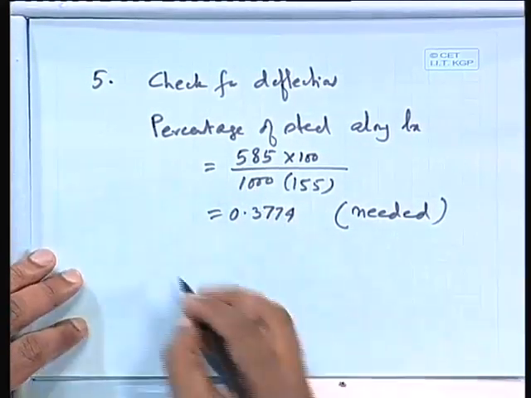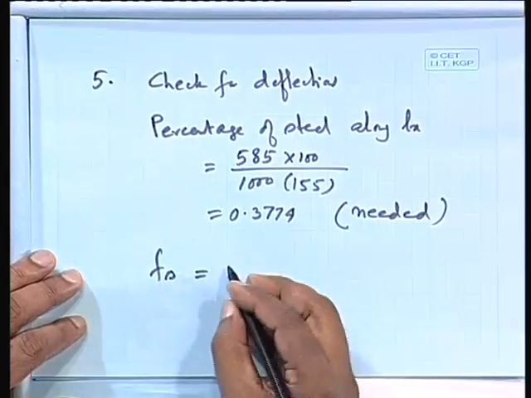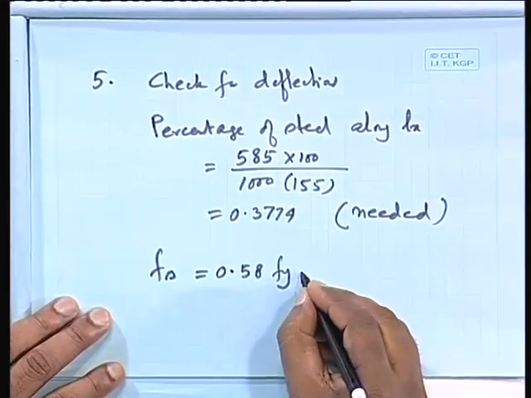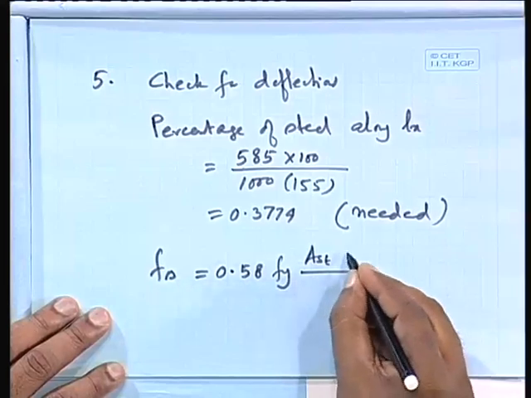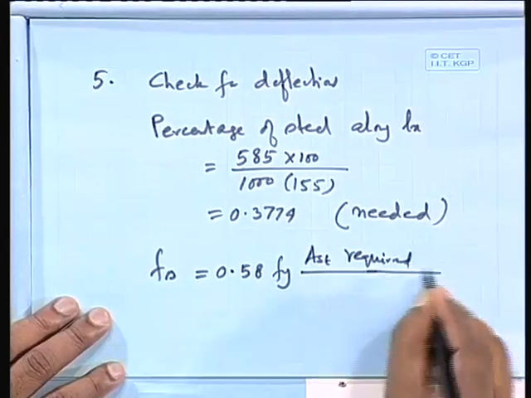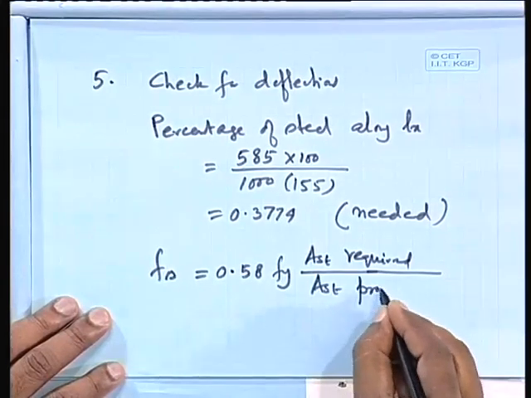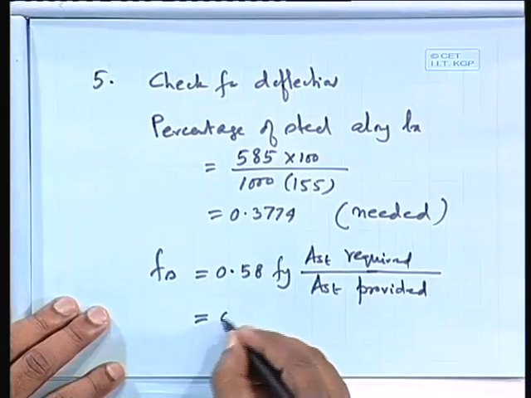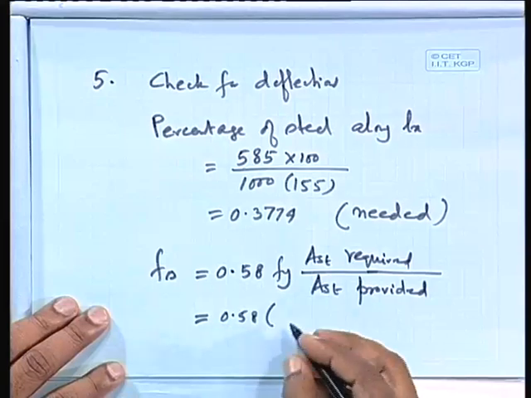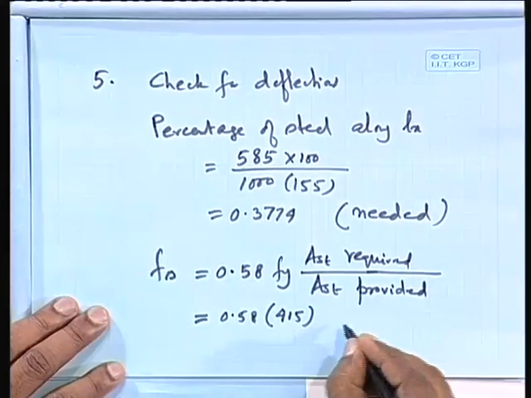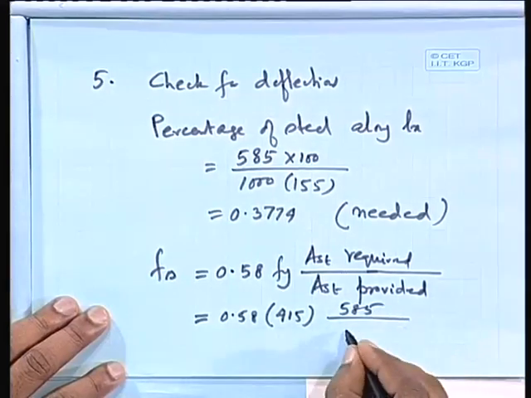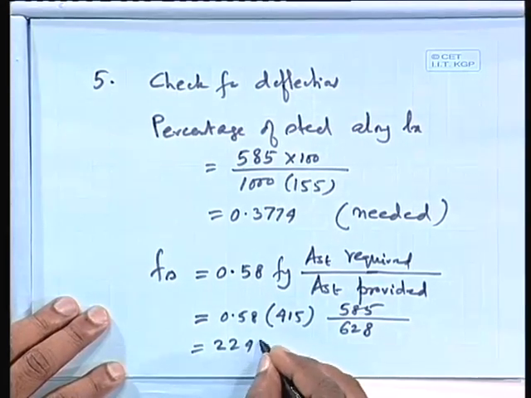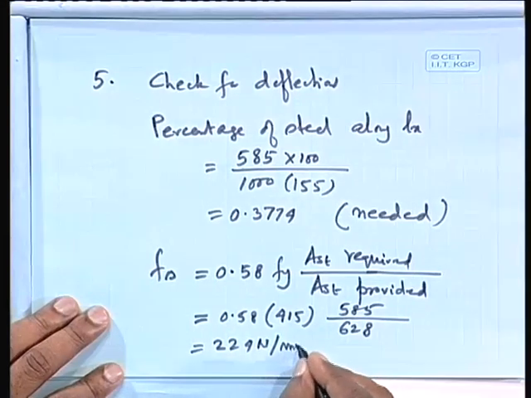So Fs equal to 0.58 Fy times AST required divided by AST provided, which will be equal to 0.58 times 415 times 585 divided by 628, which comes as 224 Newton per square millimeter.